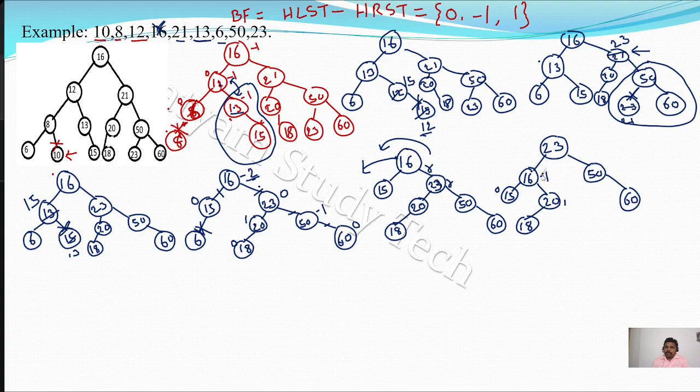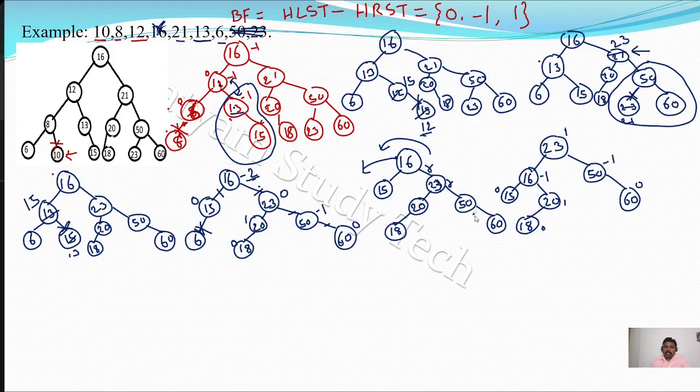Here the height of the left subtree, okay, but here it is 2, but have to consider the maximum one. So height of the left subtree is 1, 2, 3, 3 levels. Here it is 2. So 3 minus 2, that is 1, right? Here it is minus 1 because there is no left subtree. Okay, that's why right subtree height is 1. So that left is 0. 0 minus 1, that is minus 1. Here the leaf node is 0, right?